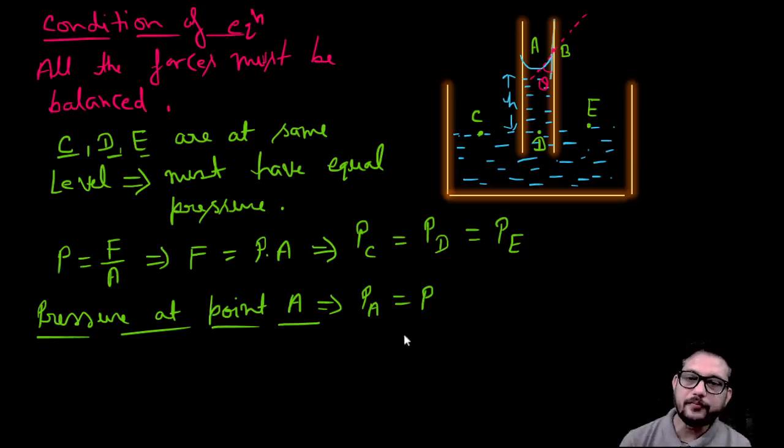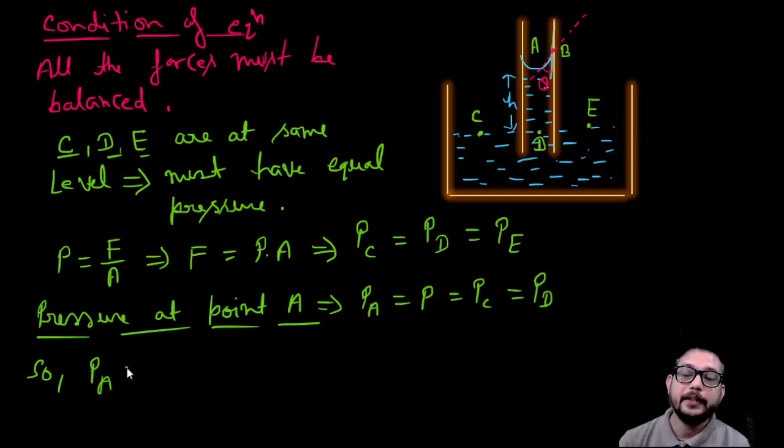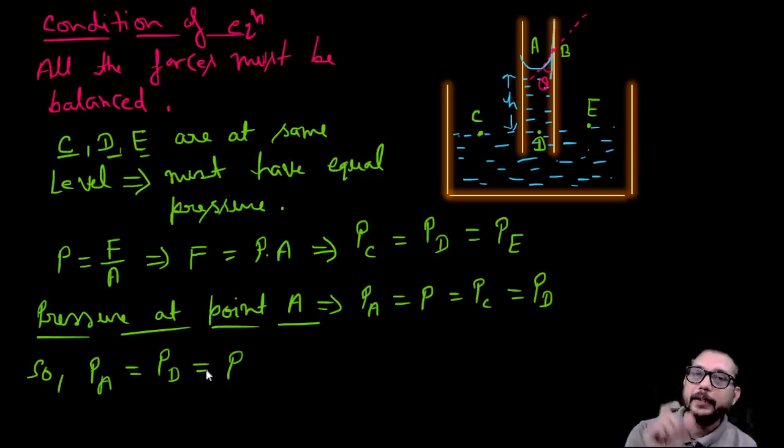Point C also feels the atmospheric pressure, so PC will be equal to P, and it will also be equal to PD. So we have the final result that the pressure at point A is equal to the pressure at point D, and both pressures are equal to P, that means atmospheric pressure.